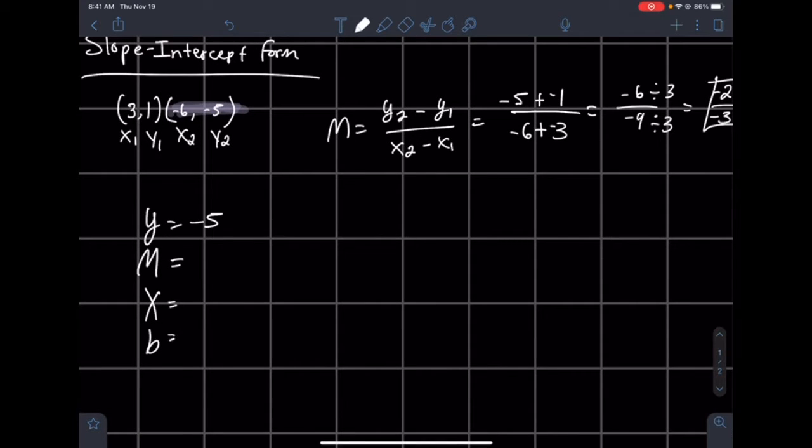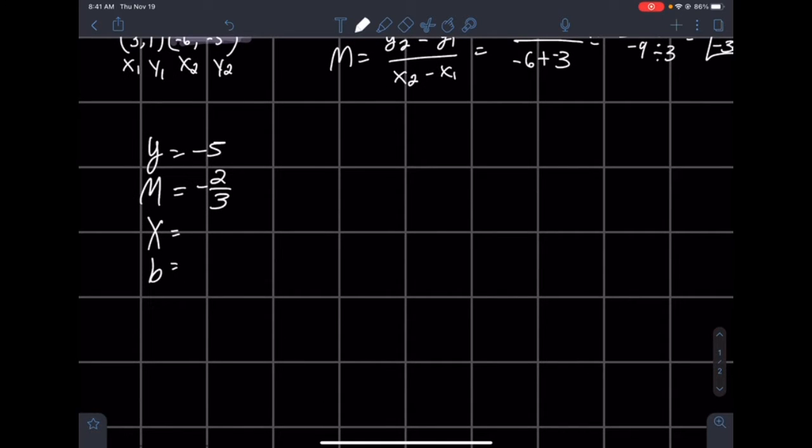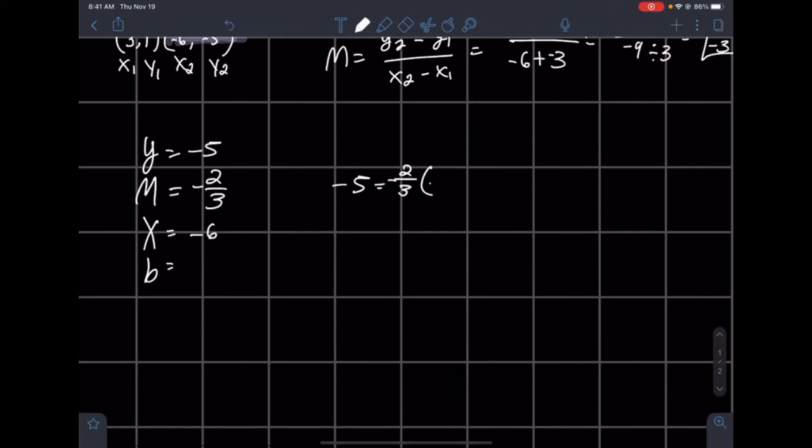My slope is negative 2/3. My x is, sorry for the voice, my x is negative 6. So negative 5 equals negative 2/3 times negative 6 plus b.